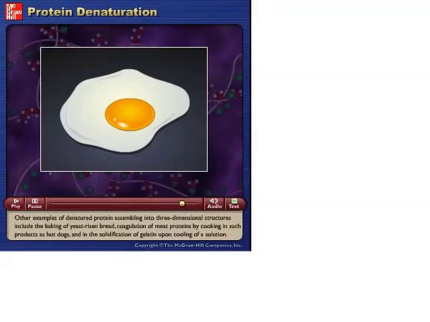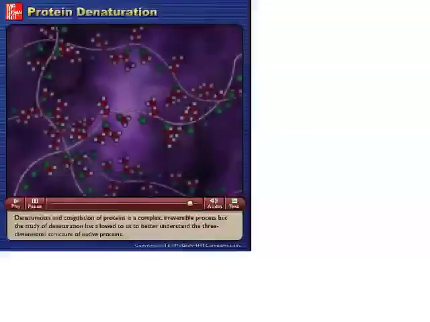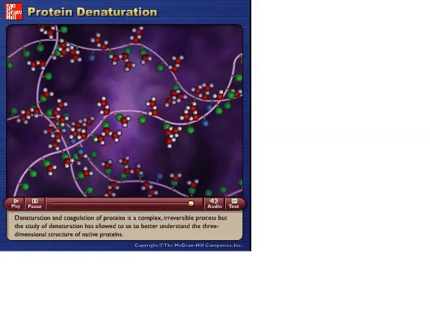Other examples of denatured protein assembling into three-dimensional structures include the baking of yeast-risen bread, coagulation of meat proteins by cooking in such products as hot dogs, and in the solidification of gelatin upon cooling of a solution. Denaturation and coagulation of proteins is a complex, irreversible process. But the study of denaturation has allowed us to better understand the three-dimensional structure of native proteins.